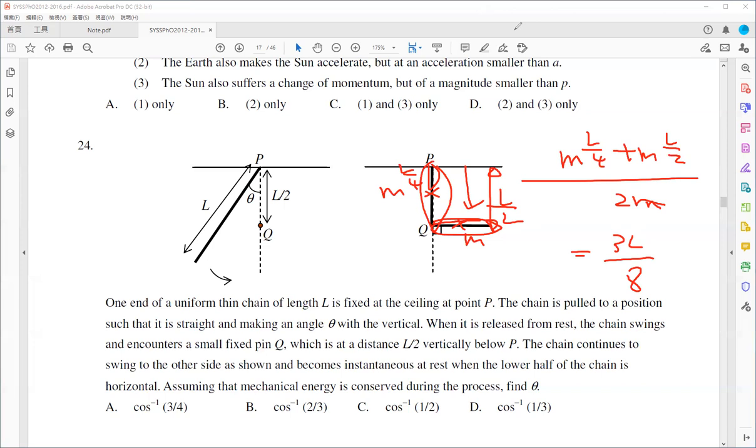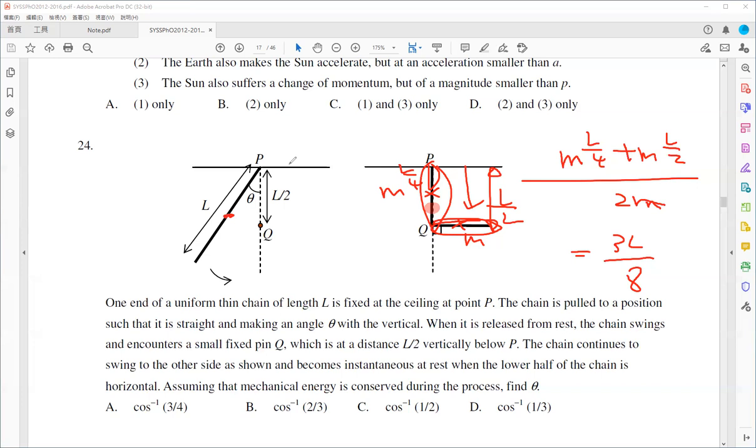Actually, if you don't do it like this, you can still get the answer. It's just the middle point of these two centers. So this is how you find the center of mass. Now, because in this case there's no change in kinetic energy, there's also no change in potential energy. The center of mass of the object should not be changed.